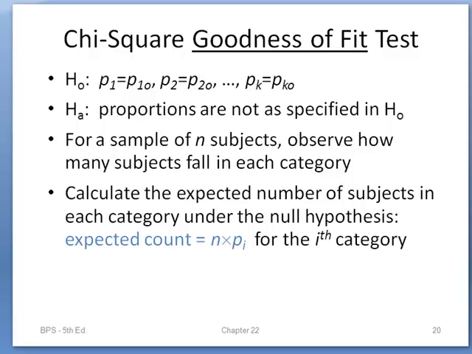So our null hypothesis looks something like this, and the alternative is just that the proportions are not as specified in that null. For a sample of n subjects, observe how many subjects fall into each category. Calculate the expected number of subjects in each category under the null hypothesis. Remember that expected count is just n times pi for the ith category.